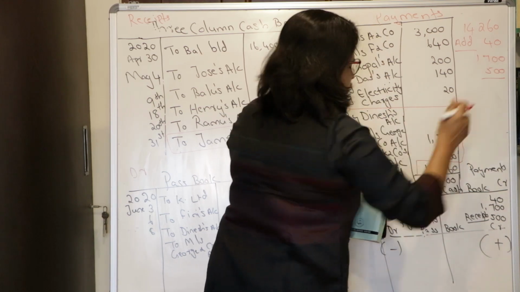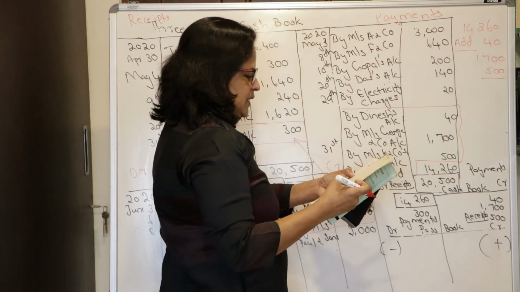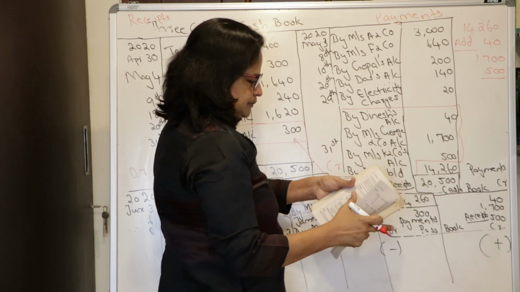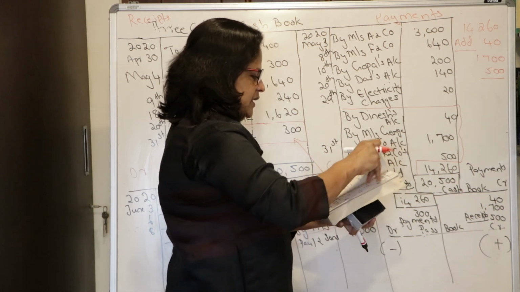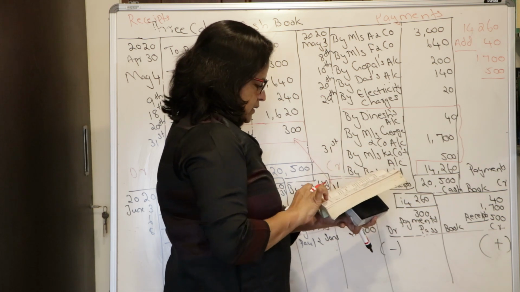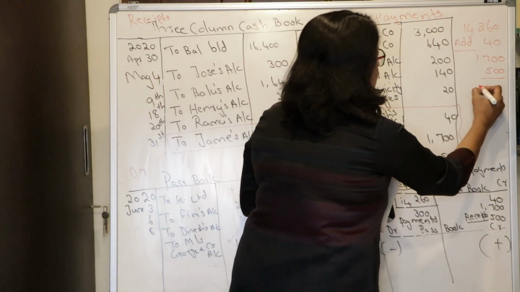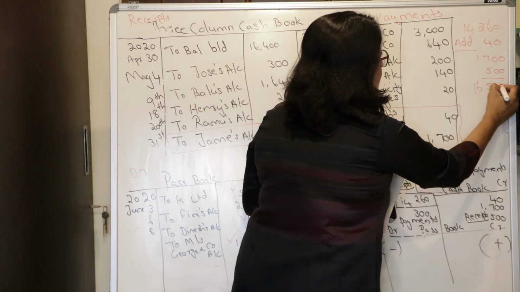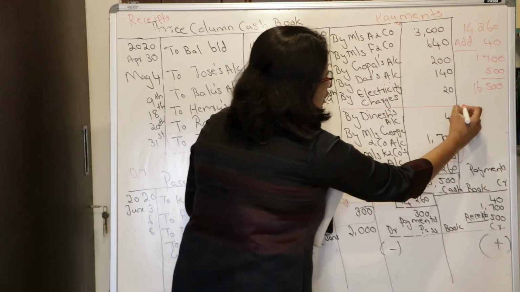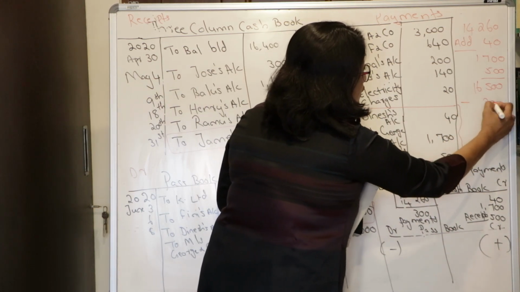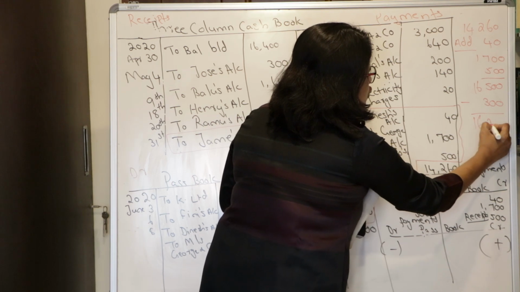So you will get the total, which is 16,500. Now you have to reduce one value, that is minus 300. So you are getting 16,200.